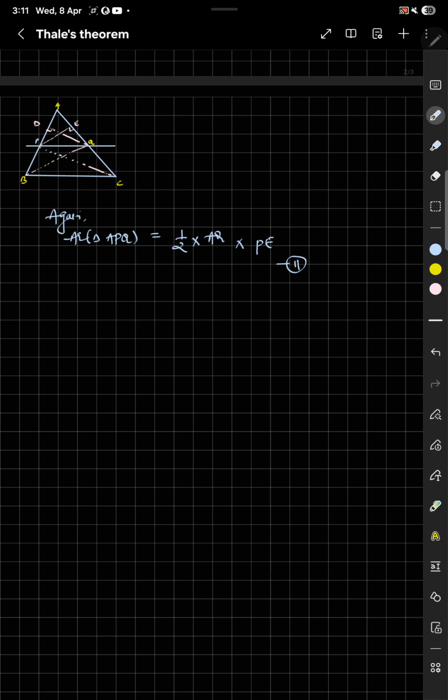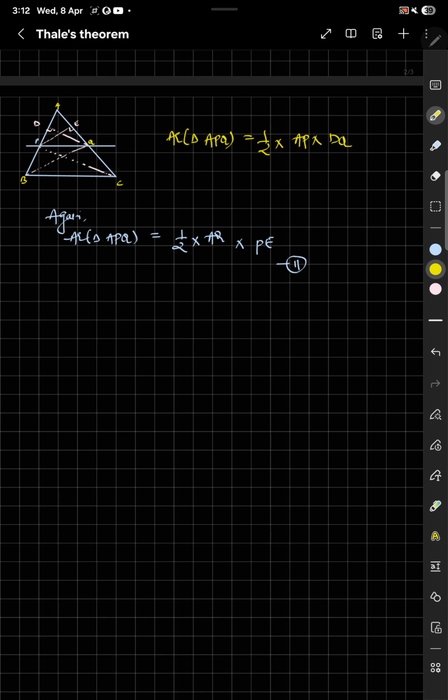Here we have found the area of triangle APQ in 2 different ways. The first one was area of triangle APQ is 1 by 2 into AP into DQ.